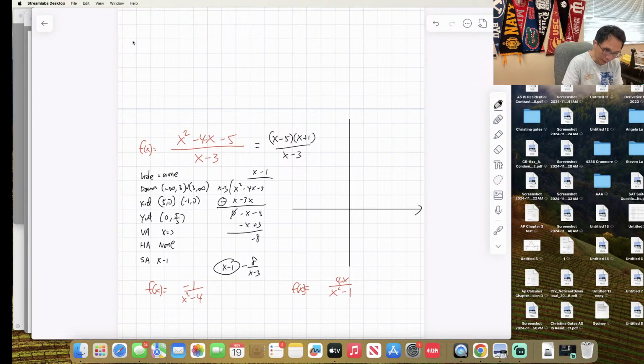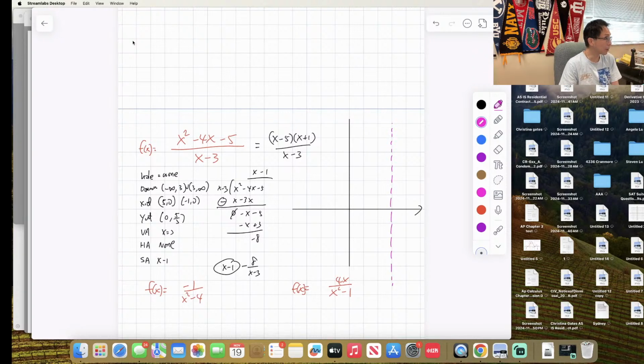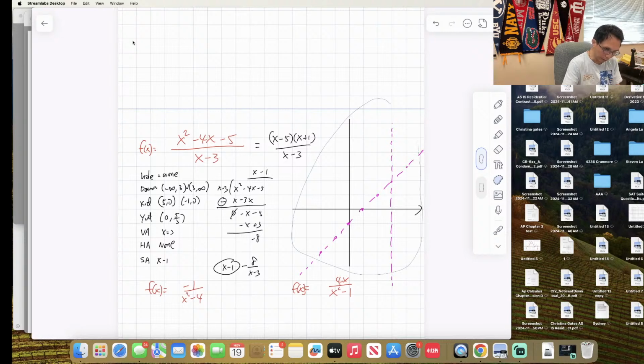Vertical asymptote at 3. Slant asymptote is y equals x minus 1, so you're going to go here. Is that okay? Sorry, I'm going to move it a little bit here.